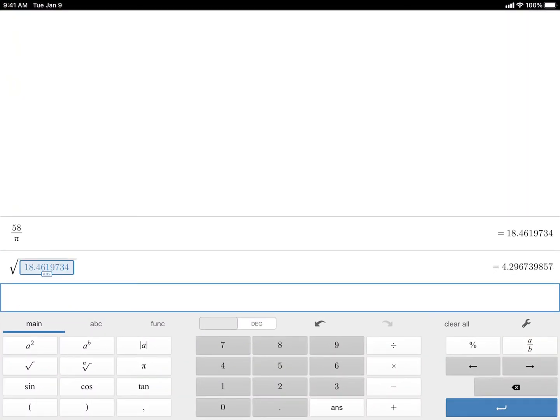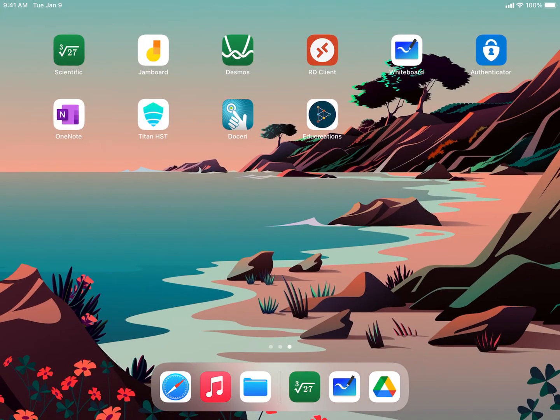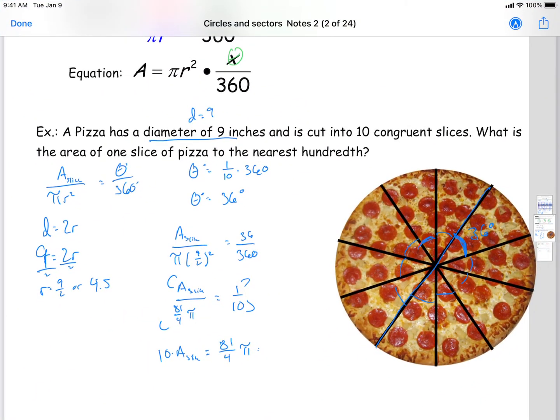81 divided by 4 times pi gives me about 63.62. So I know that 10 times the area of the slice is about 63.62.